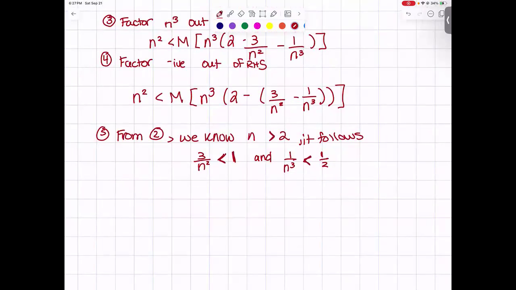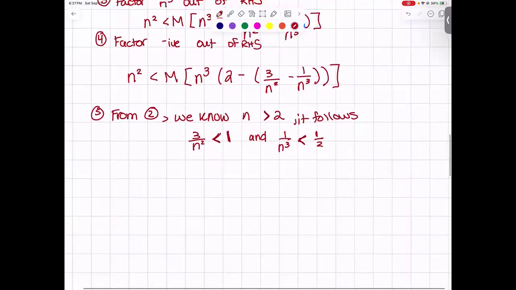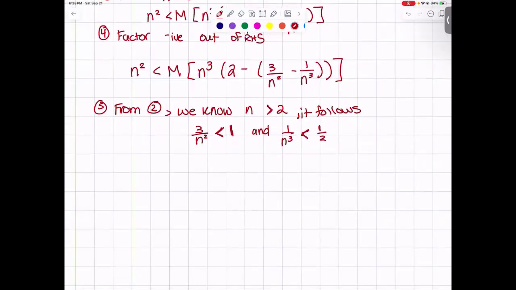So knowing that, if we substitute those two values in, we're basically able to then say that m times n cubed times 2 minus 1 minus a half will all definitely be less than our original statement.